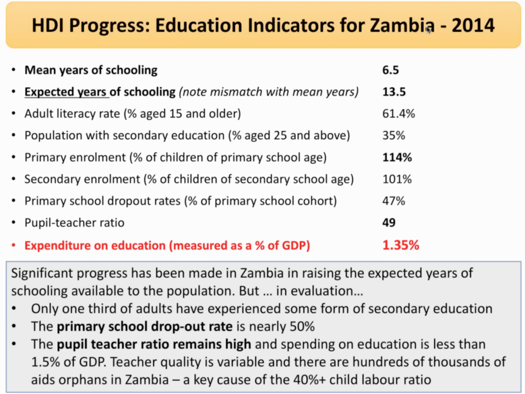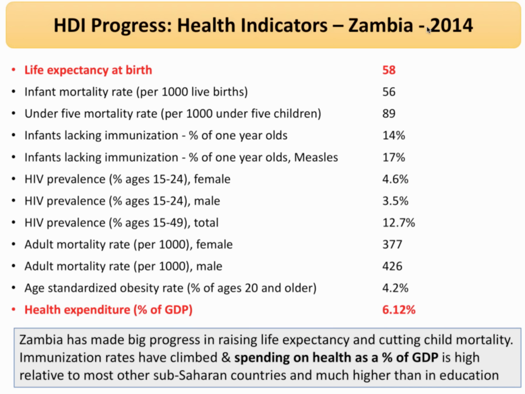In terms of health indicators, we've mentioned that Zambia has made substantial progress in lifting life expectancy, although it's following a U-shape, if you like. Again, there's some good news here that Zambia has basically made significant Millennium Development Goal progress in most indicators.